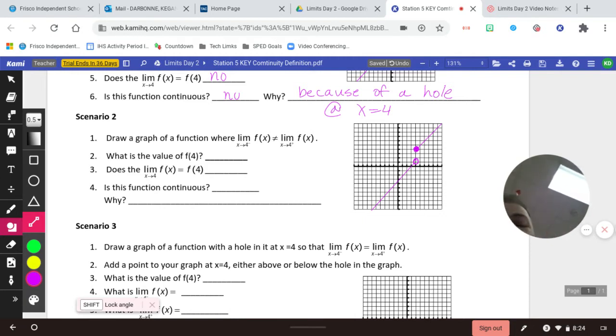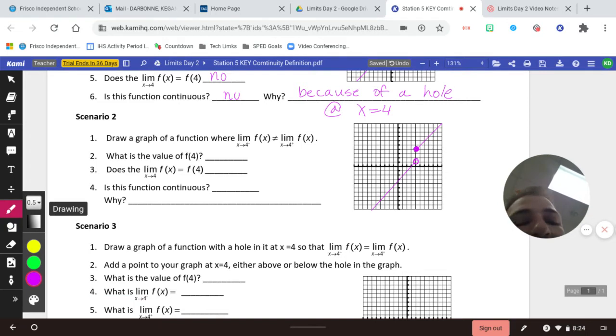So what is the value of f of 4? Well, we do have a value of f of 4 this time. So f of 4 is equal to 1, 2, 3, 4. Does the limit as x approaches 4 equal f of 4? Well, we already decided that the left side limit and the right side limit are not equal. So what does that mean the limit as x approaches 4 is equal to?